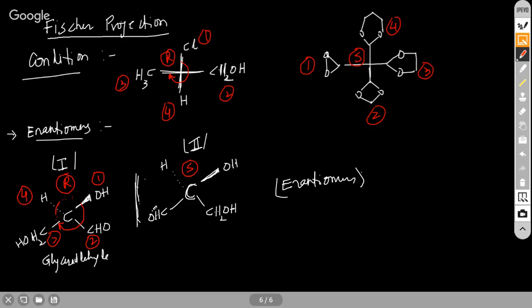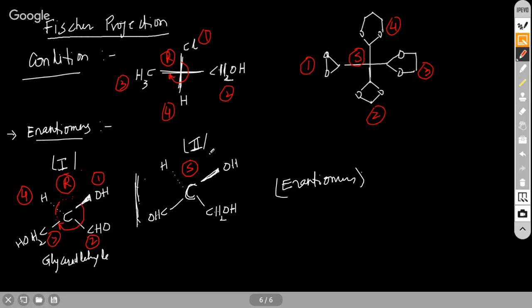Right? So what we can conclude here, the molecules which are enantiomers of each other must have the same molecular formula but different configuration. Right? So write down these two. The molecules which are enantiomers of each other, they must have the same molecular formula but different configuration.